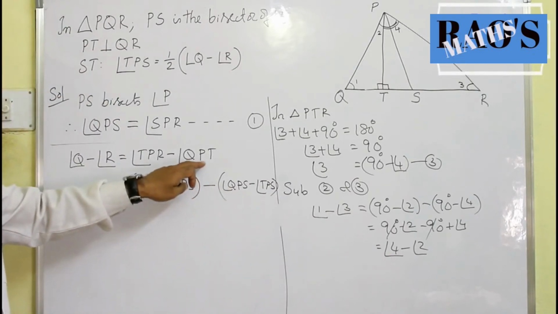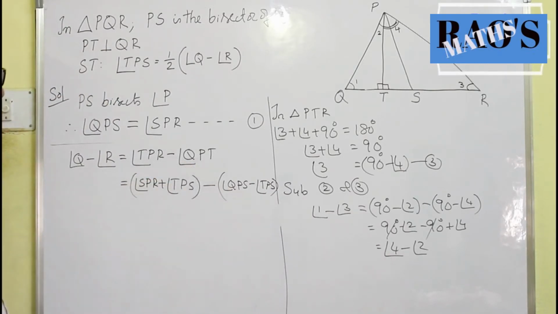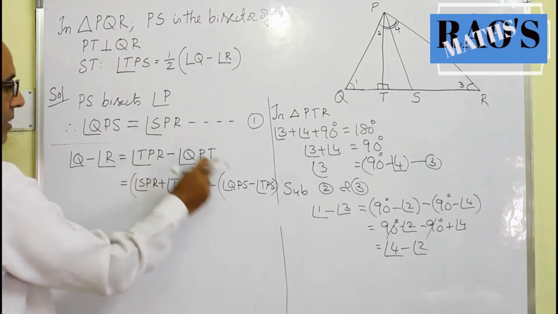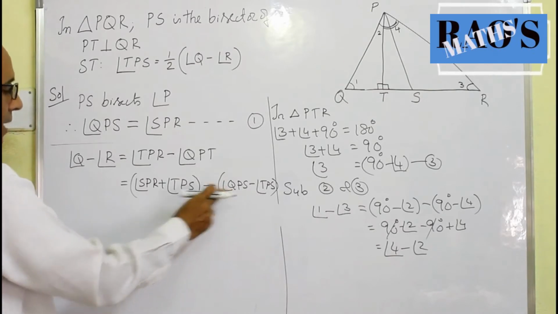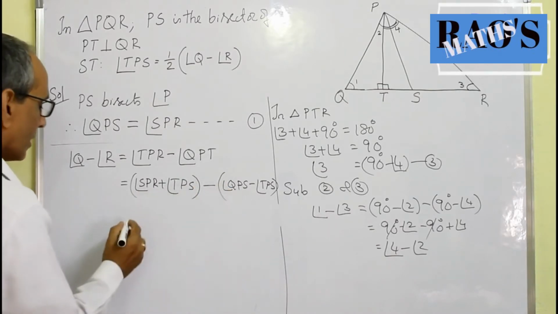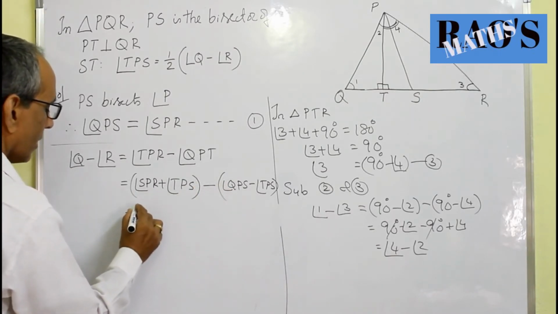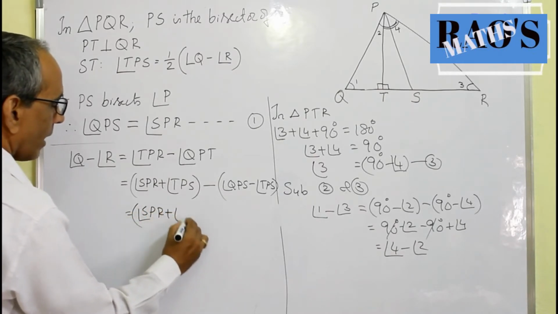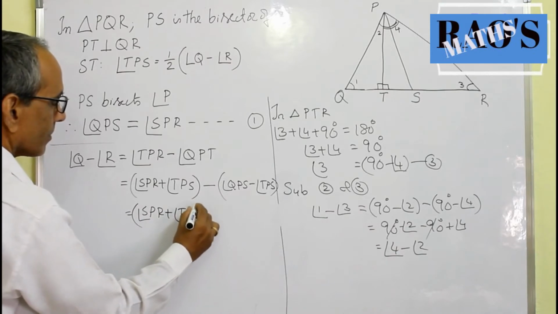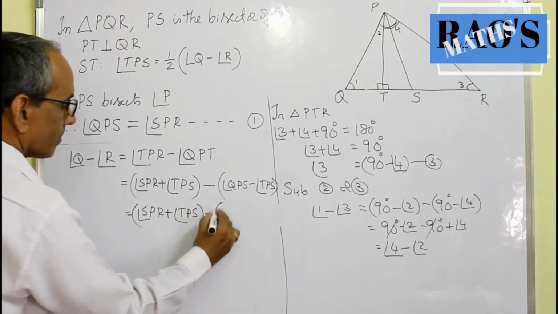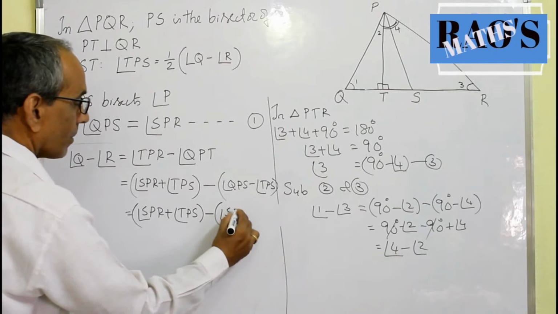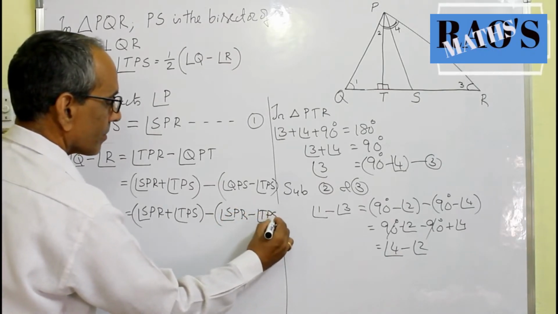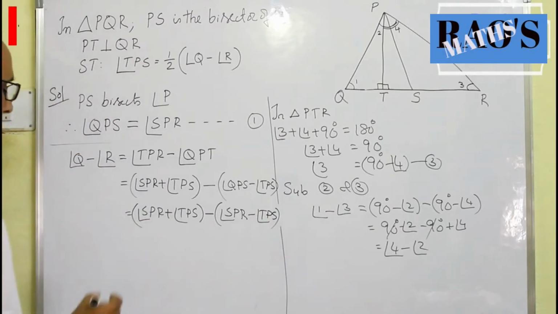results in angle QPT. Okay? And SPR is equal to QPS, as we already have in the first statement. So in the place of QPS, I write SPR in my next step. That is angle SPR plus angle TPS minus angle SPR minus angle TPS. Okay. Now let's open the bracket.